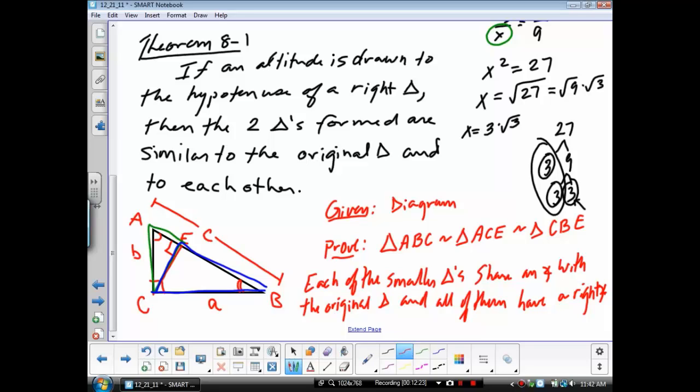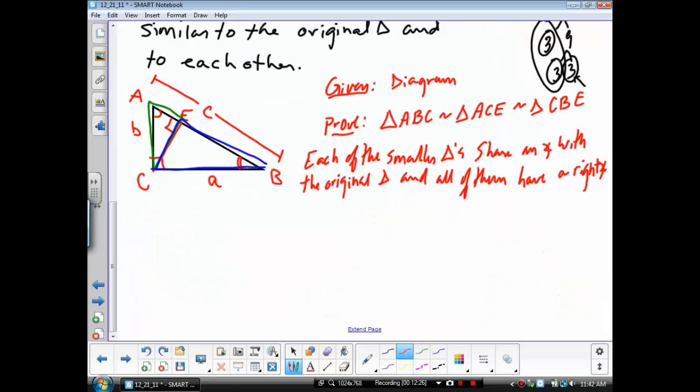So by angle, these triangles are going to be similar to each other.